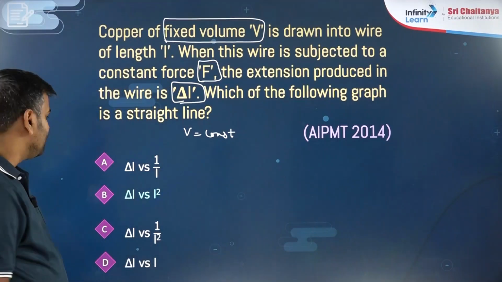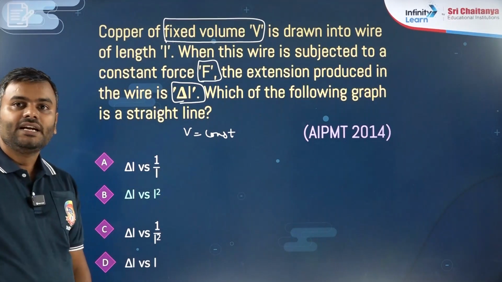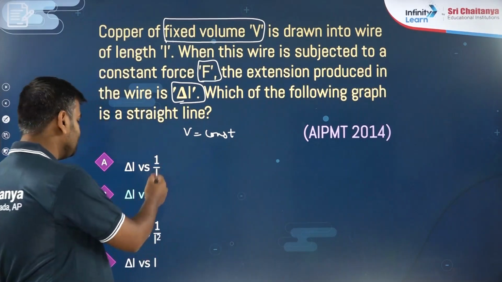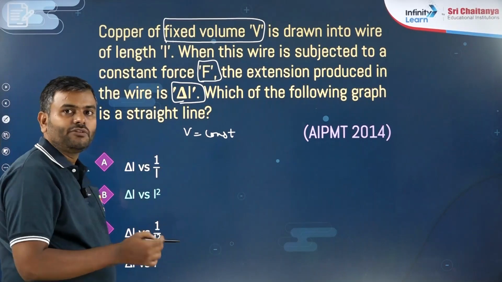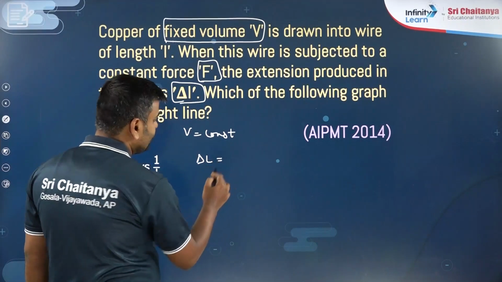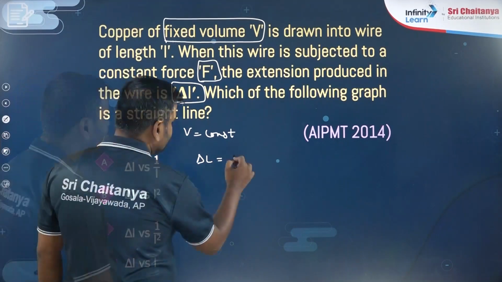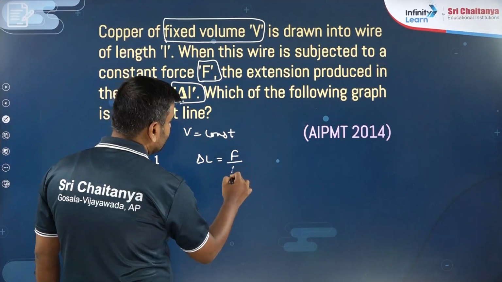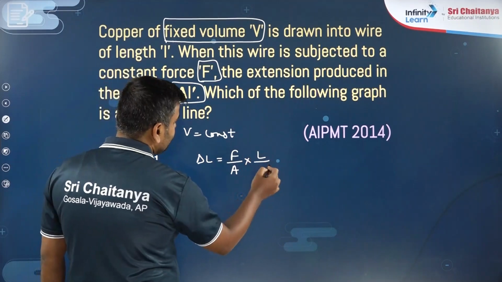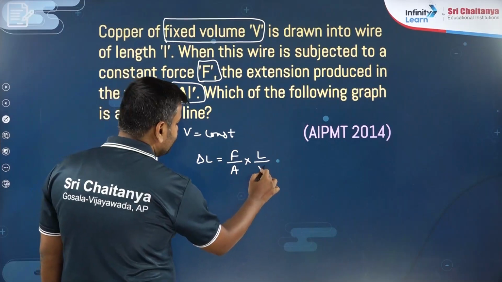And they are asking us to find the ratio of that delta L. So with respect to these values, we will try to find the appropriate relation here. You can see that delta L we know is equal to stress, which can be written as force upon area, into the length of that wire, that we can take L, divided by the Young's modulus.